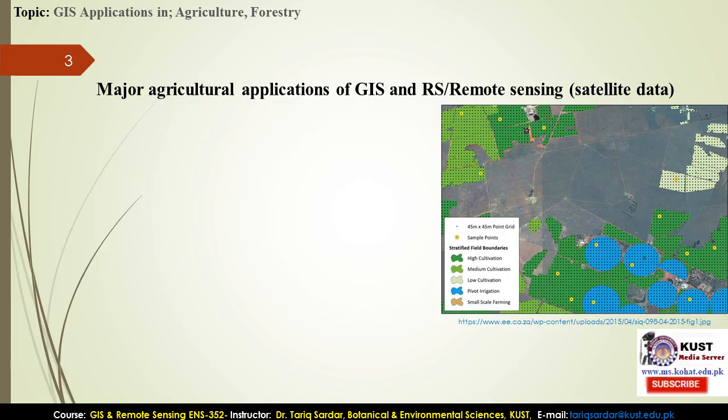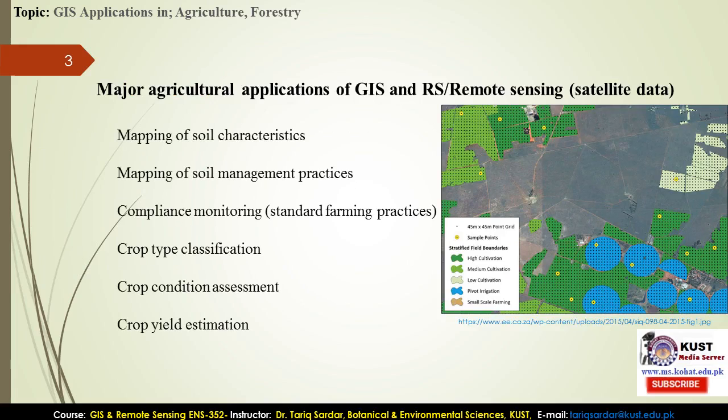Firstly we will go towards the major agriculture applications of GIS along with remote sensing, because from satellite data we can better assess far away or very diverse areas of any region, any country, or even at the continent or global level.